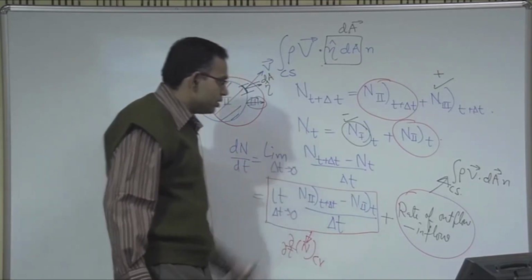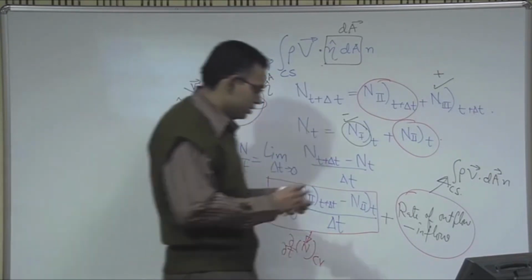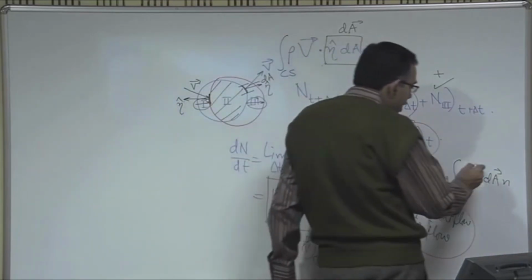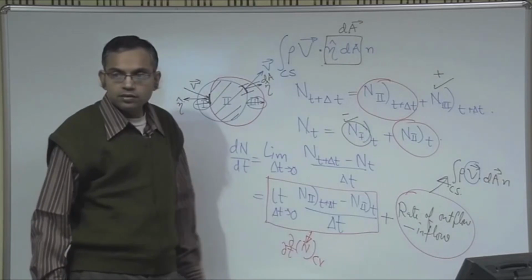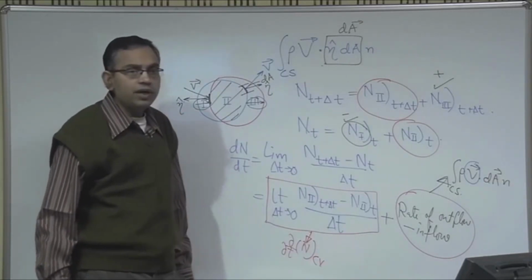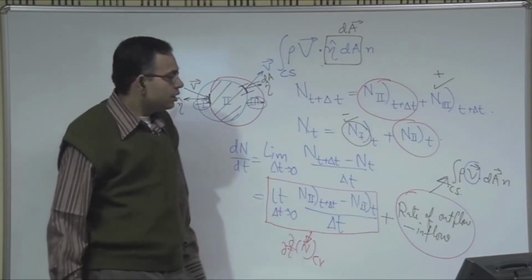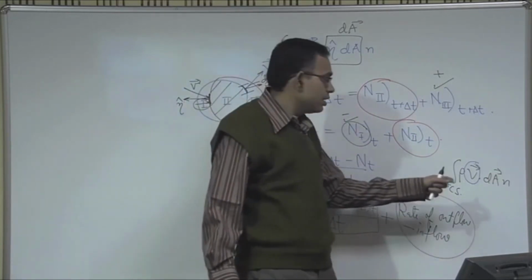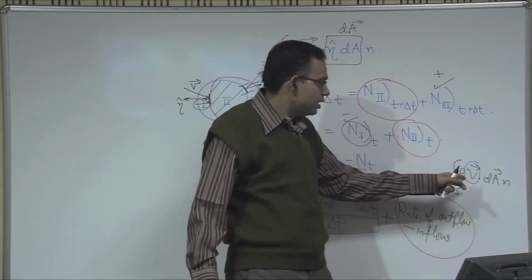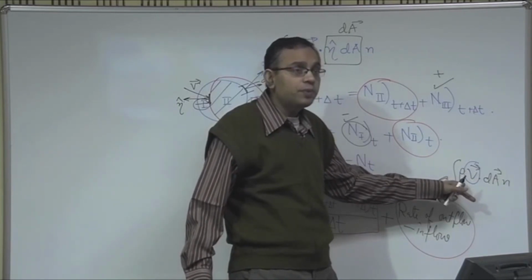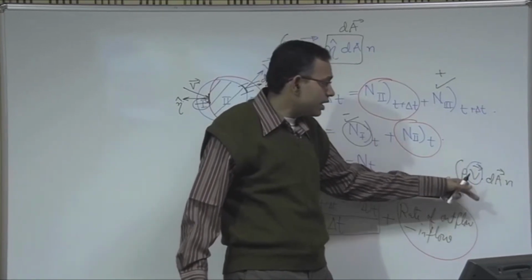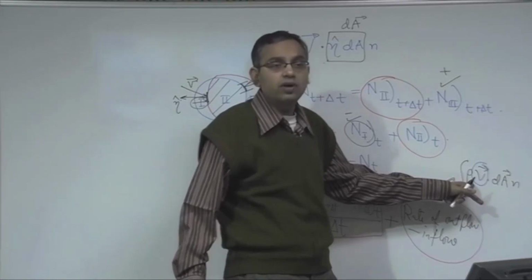Now we have to pay a little bit of attention to what this V is. We have to remember that this V is the fluid velocity, but to be more precise, the velocity of the fluid relative to the control volume.